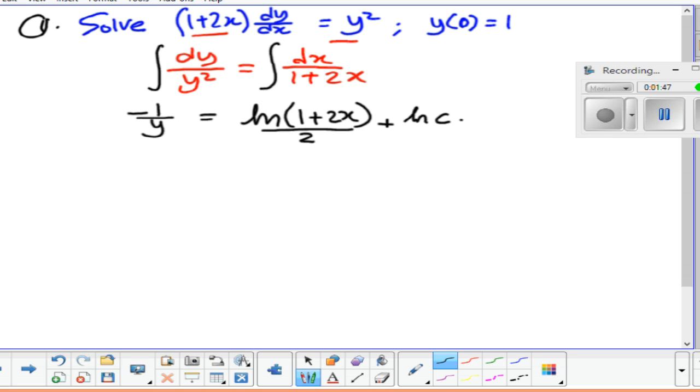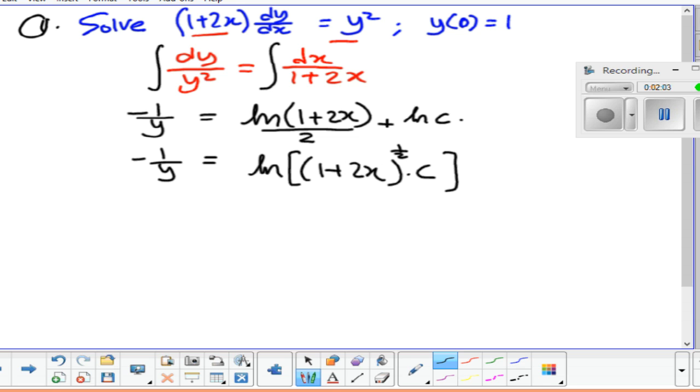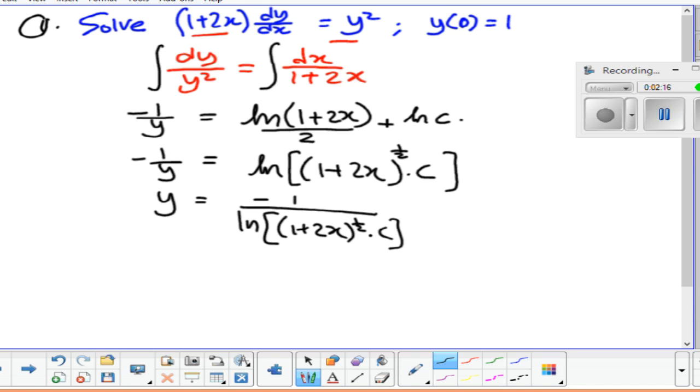So this particular thing then can be re-simplified as natural log of (1 plus 2x) to the power of half times c. And here's negative 1 over y. Or in other words, this is y equal to negative 1 over natural log of (1 plus 2x) to the power of half times c.